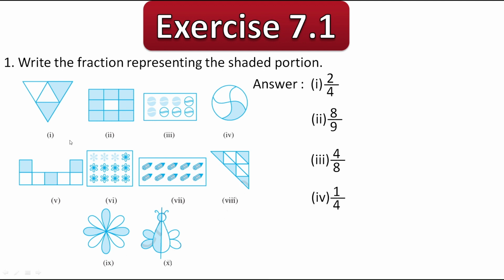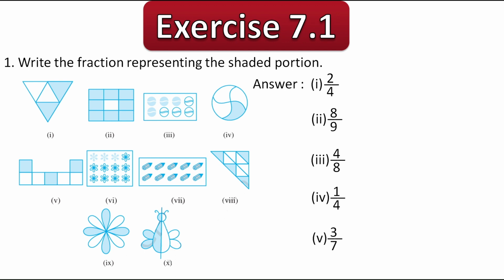Next, here we have 3 shaded parts, and altogether we have 3 4 5 6 7 parts. So the answer for you is 3 upon 7. Next, here we have flowers, and there are 12 flowers. From 12, only 3 flowers are shaded.